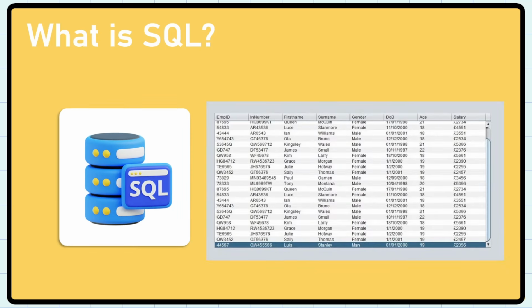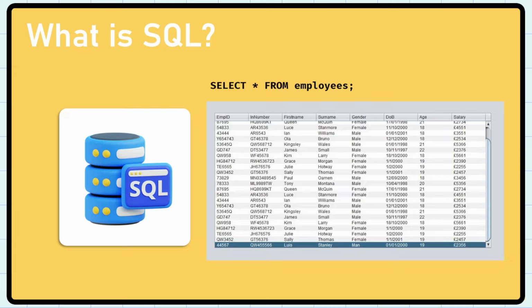For example, here is a simple SQL query, right? Don't get overwhelmed with the query. We'll learn it in the upcoming videos. Let's say the query is select asterisk from employees. Basically it means retrieve all the data from the employees table, right?